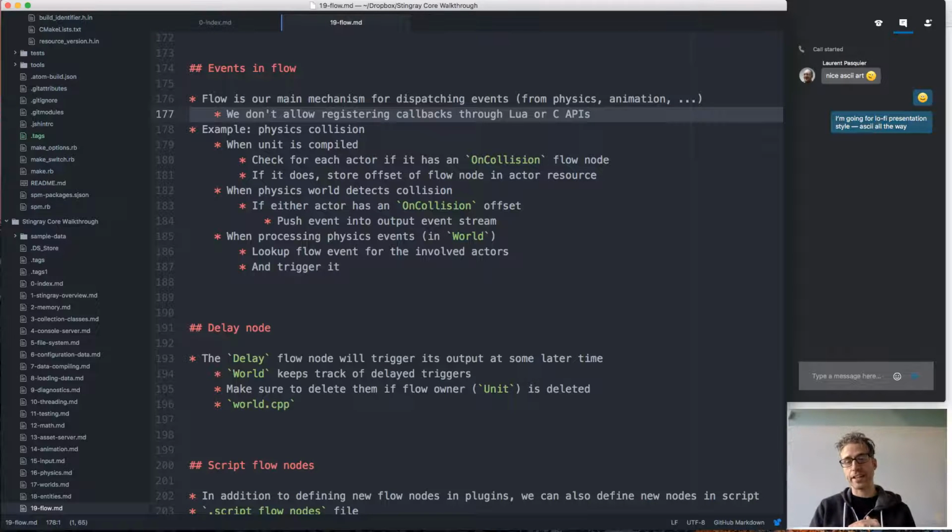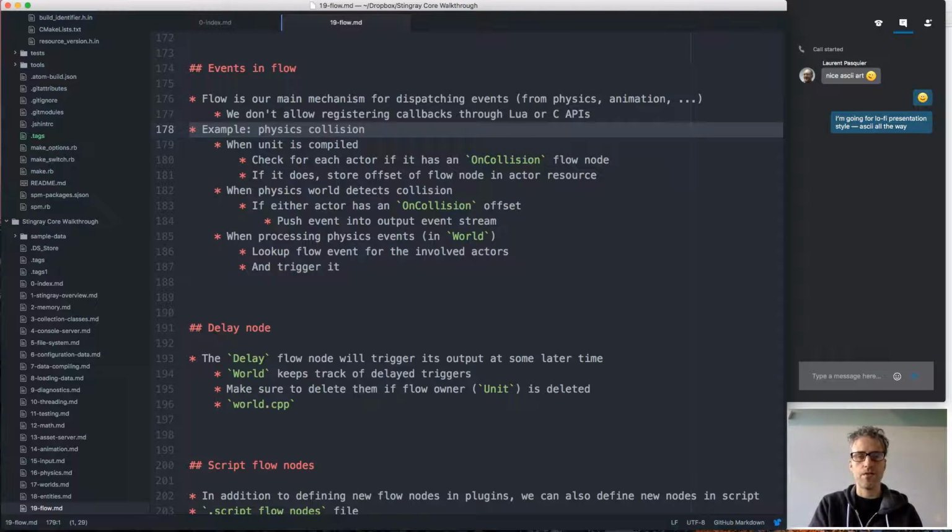We should not directly call out from low-level systems, because that creates these crazy couplings and these bug-prone situations. So we should still do all the polling and handling of the events at the top level. But I think it wouldn't hurt to have support for direct Lua or direct C callbacks, and it would make life easier for people who don't care so much about flow. So, something to think about for the future.